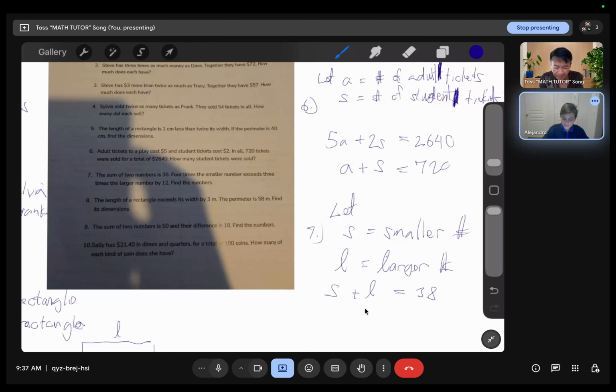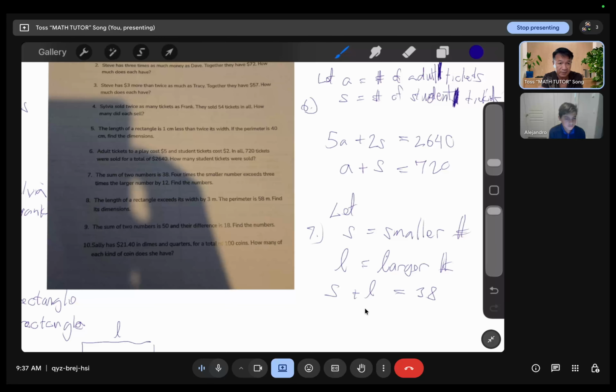So this part right here: 4 times the smaller number exceeds 3 times the larger number by 12. Now, the way I like it the most is what I'm about to show you. But I want to see what you think it is. This is something that I always write for anything about exceeding by this much. It makes the most sense to me.